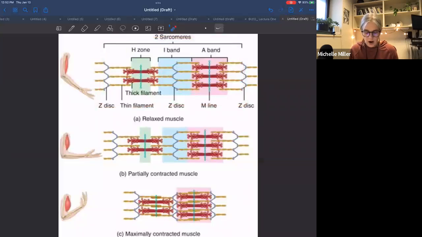This is where they are relaxed. This is the partially contracted. And then this one shows the fully contracted muscle. So that shows how you can contract your muscle a little bit and then contract it even more to create more force in your contraction.